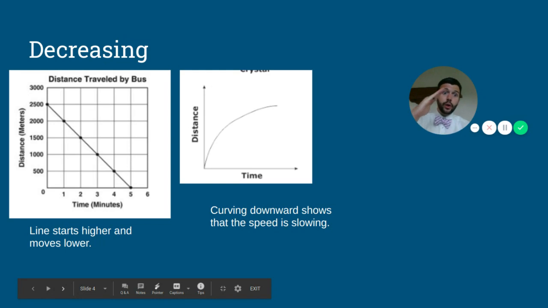It might start going up, but once you see it start to flatten the curve, as you've probably heard on the news, that means the numbers are declining. It's starting to slow down because it started going up, but as it starts curving down, you can see that the speed is decreasing. And most of the science graphs that we would look at in fifth grade do deal with speed.